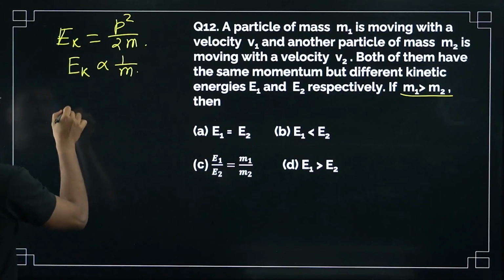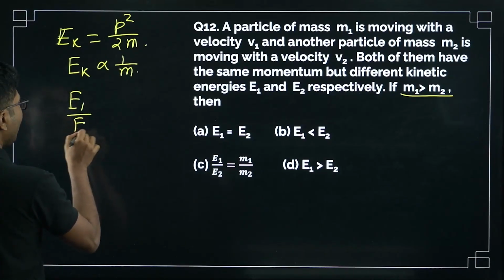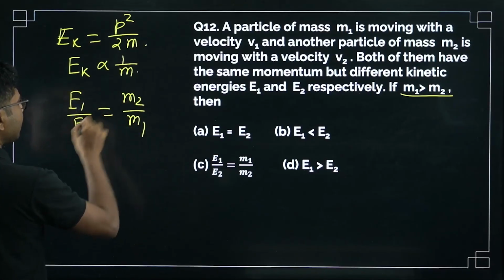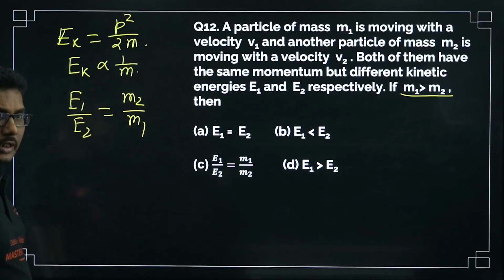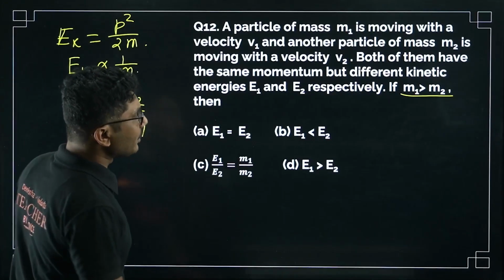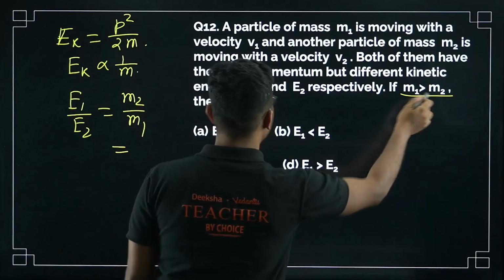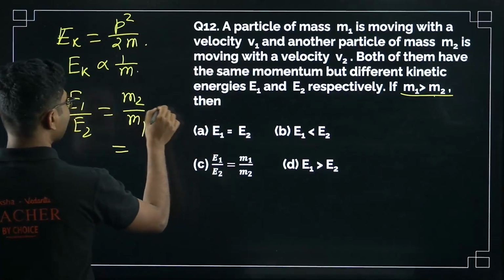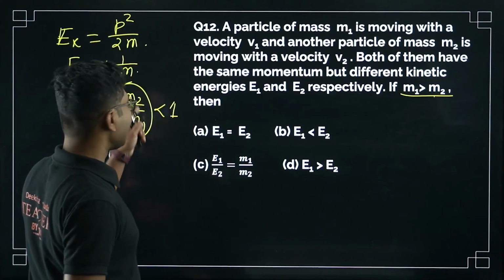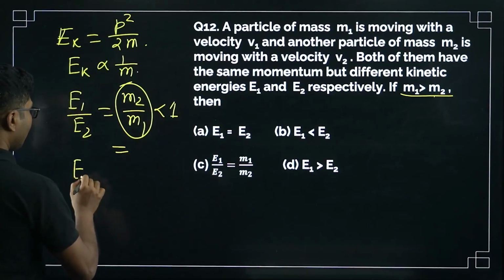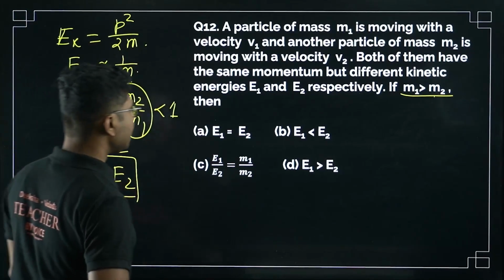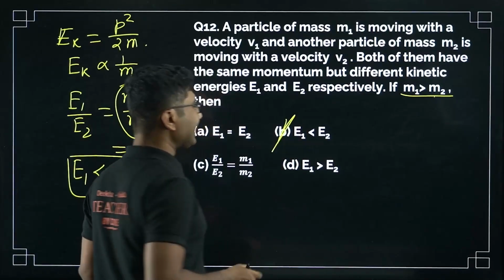So E1 by E2 must equal m2 by m1. Inversely proportional means the relationship is reversed. m2 is less than m1, so this quantity must be less than 1, because m1 is greater and m2 is small. So E1 must be smaller than E2, so option B is correct.